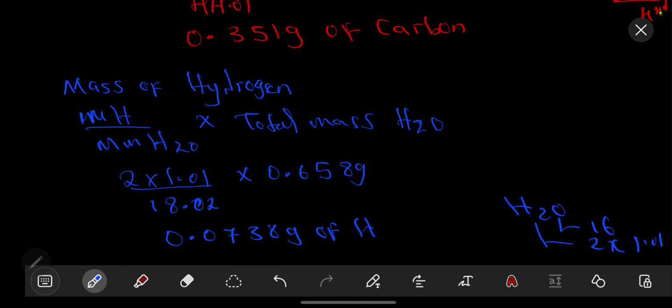So this is the mass of hydrogen contained in the compound. So we have found the mass of hydrogen. Now how do we find the mass of oxygen? This is what we are going to do.